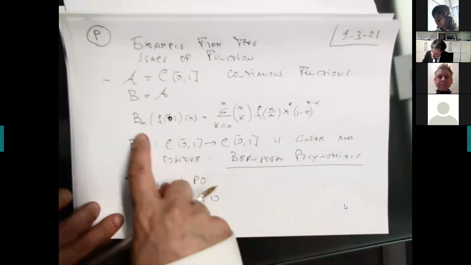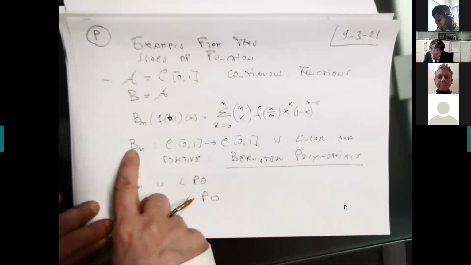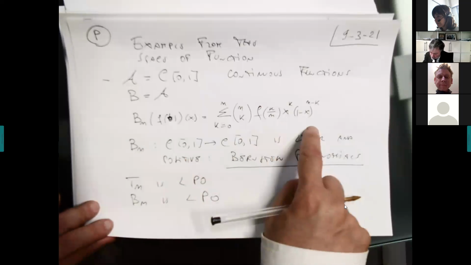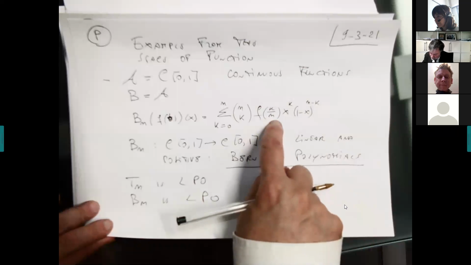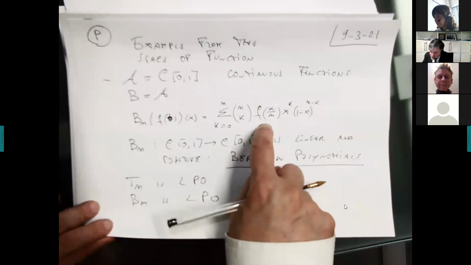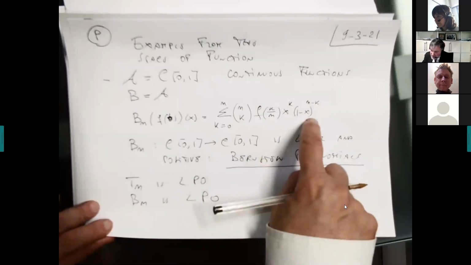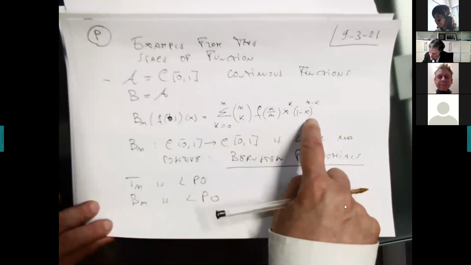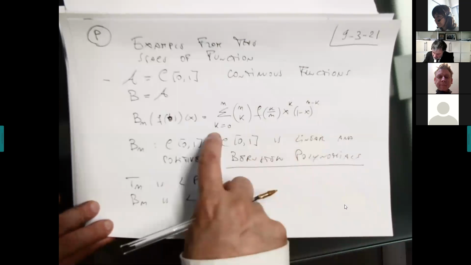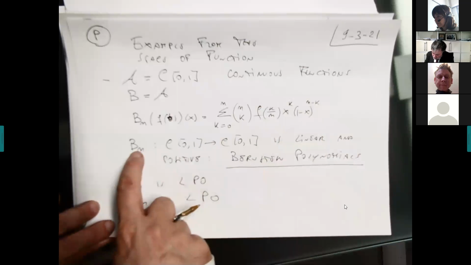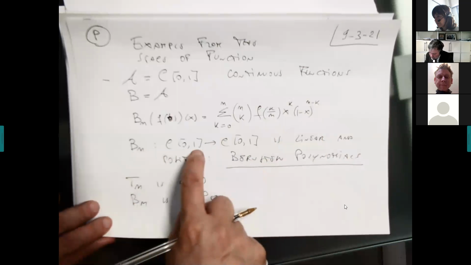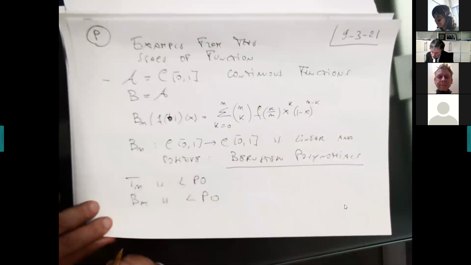As our Bernstein polynomials, the Bernstein polynomials are just an example. Take a continuous function, you make a uniform sampling, and using this uniform sampling, you construct a polynomial of degree at most n. So given a function, you give a polynomial. So you can see them as an operator from the continuous functions in 0, 1 into the continuous functions in 0, 1.